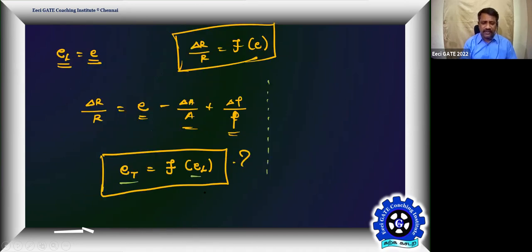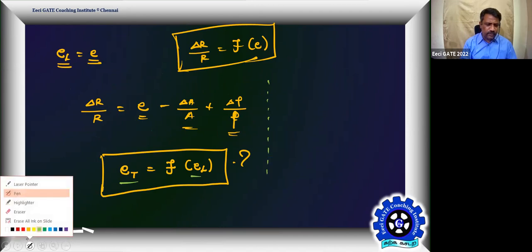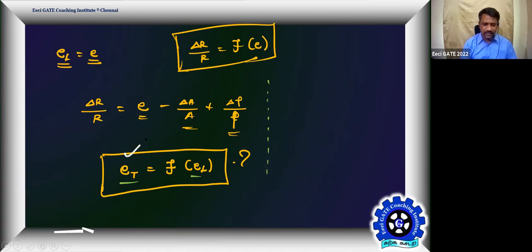Now I'm asking you a simple question: whether the two strains are equal or different. Yes, the magnitude of ET is not equal to the magnitude of EL. That's the first fact.